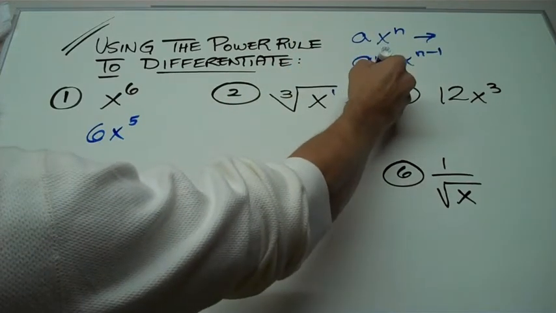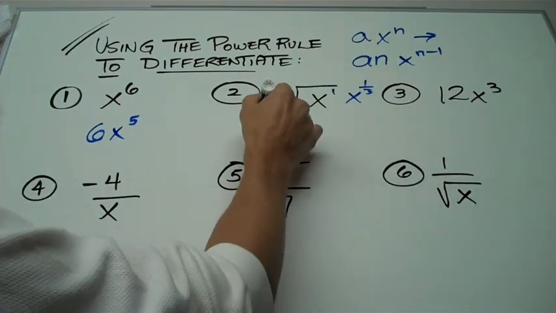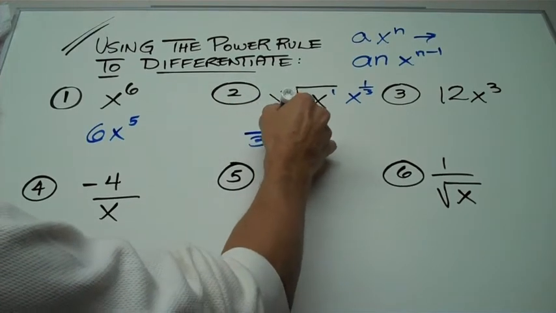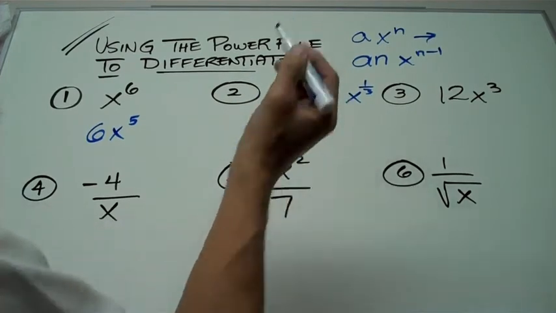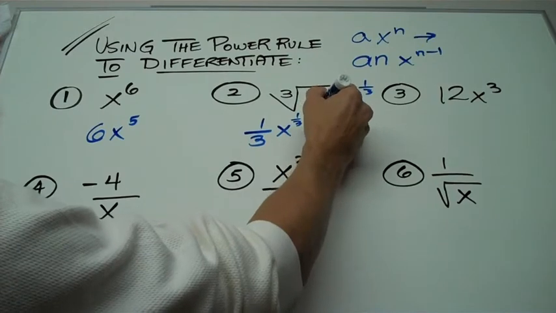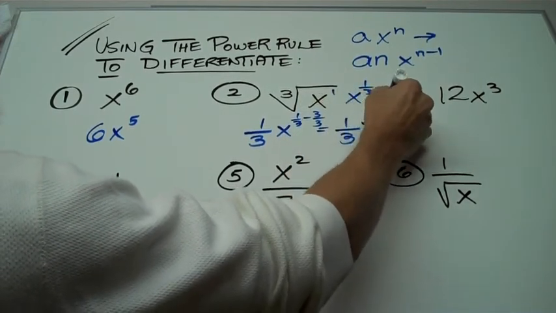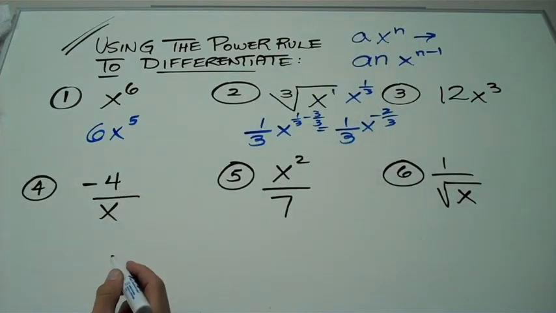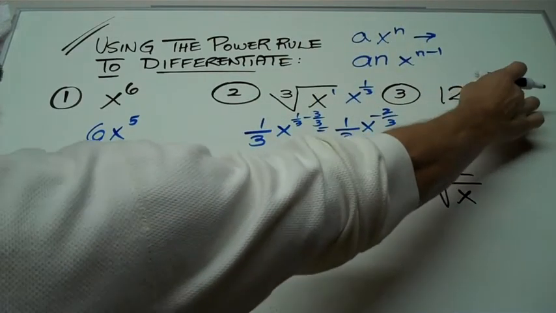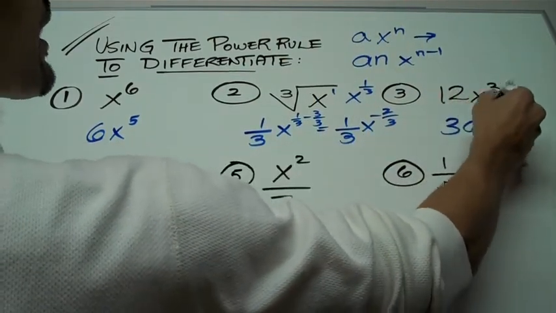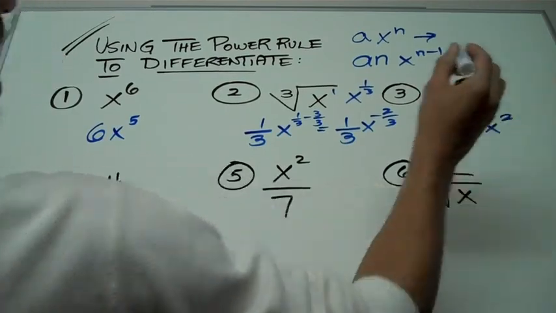So our derivative becomes, move that out front, x to the 1/3 minus 1, which we'll put as 3 over 3. So this becomes 1/3 x to the negative 2/3, and I would just leave it like that. Here we have 12 times 3 is 36, x to the 3 minus 1 is 2.